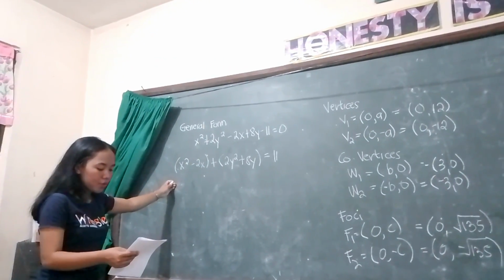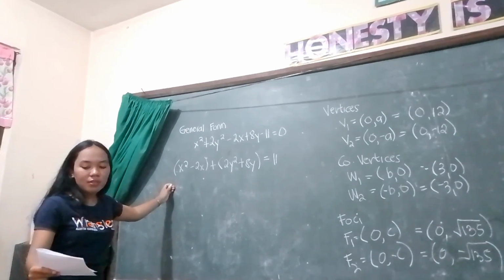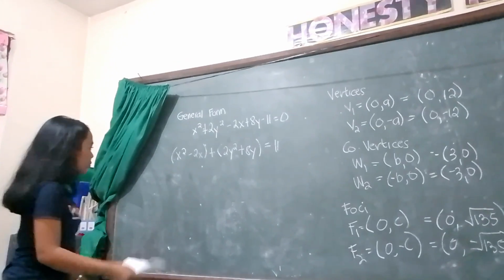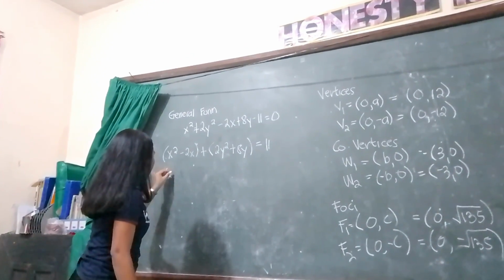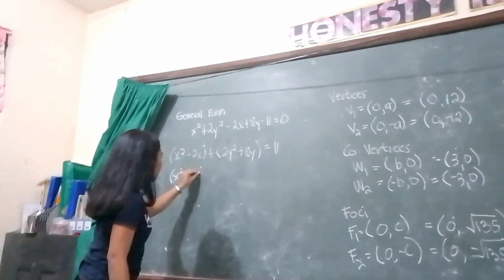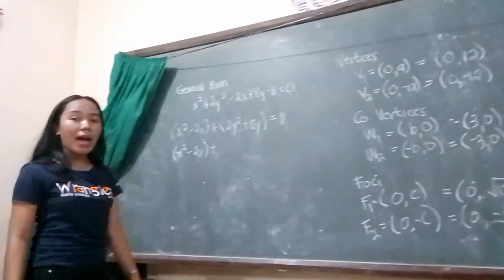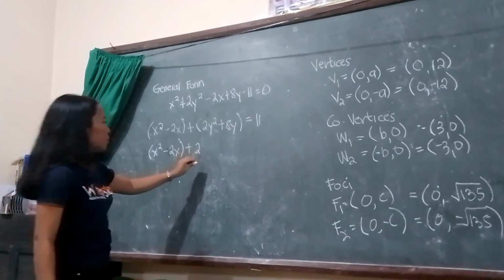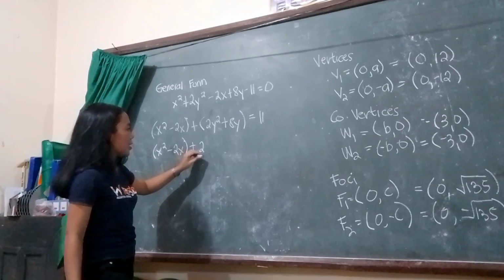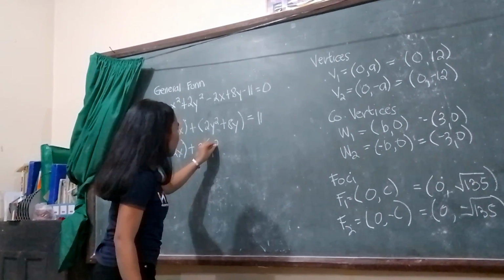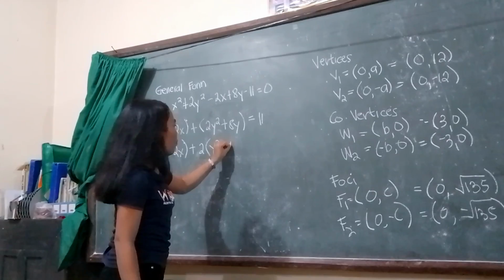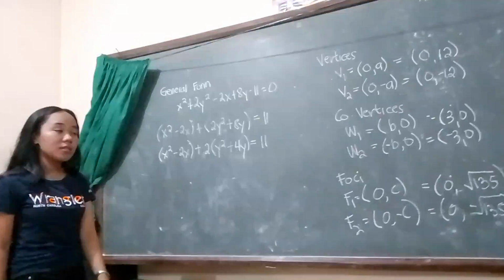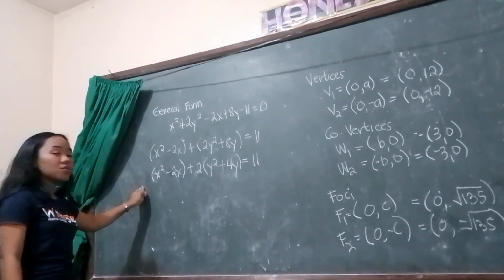So we need to factor our binomial. So we have here x squared minus 2x. Since we need to factor out, so we need to put 2 in this, and then y squared plus 4y is equal to 11. So as you can see, it is factored out into binomial.